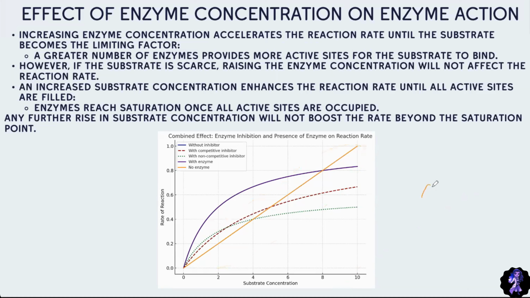Just to recap, remember, the enzyme has to attach to the substrate, right? But if we have a competitive inhibitor, we're saying that we have this enzyme and it can attach to the substrate. So maybe you have the substrate here, but a competitive inhibitor is also competing for that same spot.